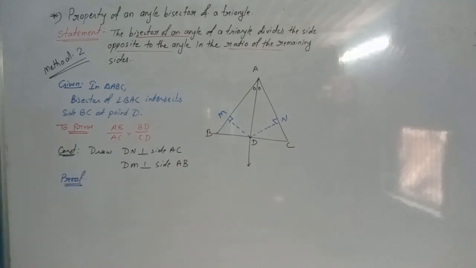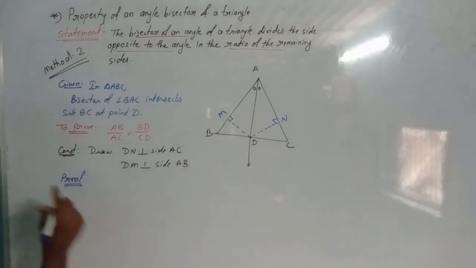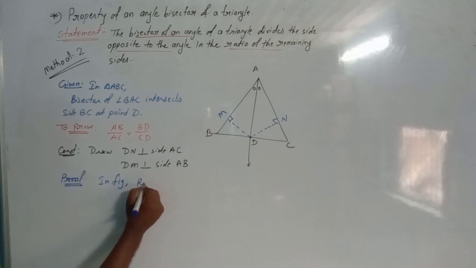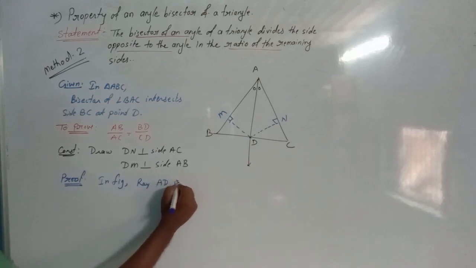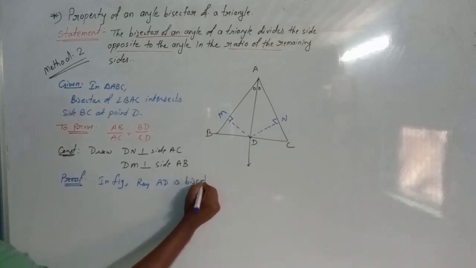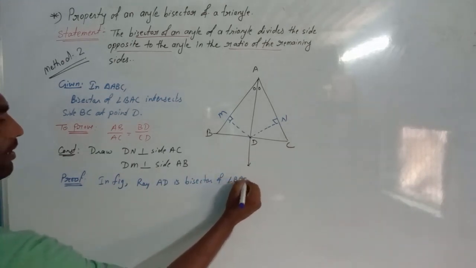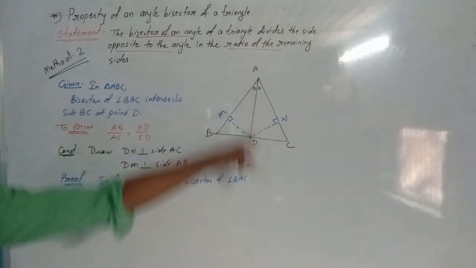So first write the given thing, whatever you see in the figure. So in a triangle, in a figure, AD is a bisector of angle BAC. AD क्या है?